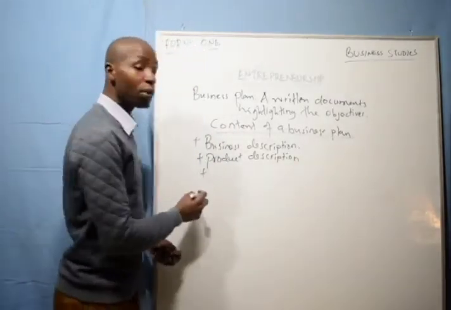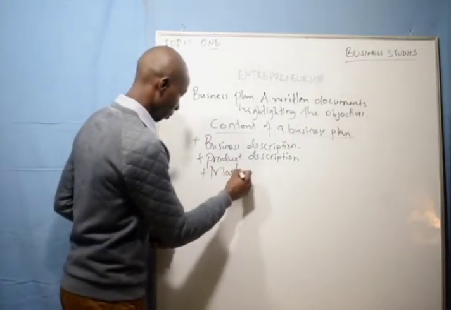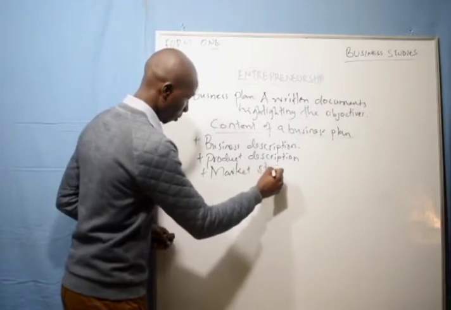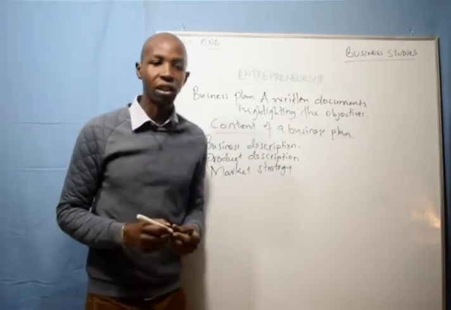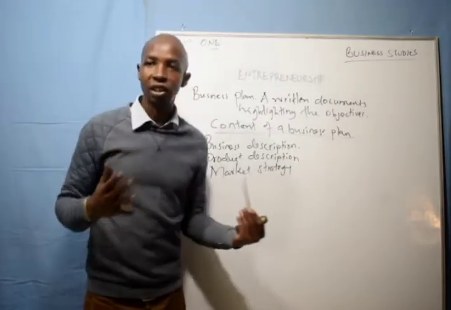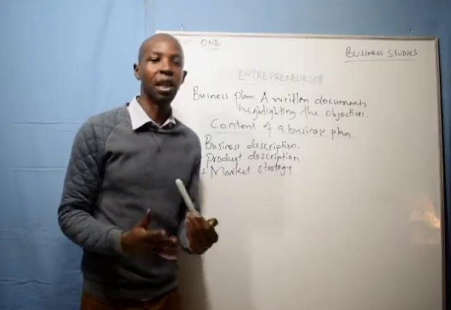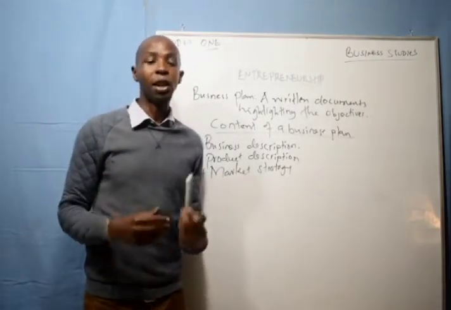Then we have the third one, which is a market strategy. Market strategy simply involves identifying the strategies or tactics that you are going to use in order to get a fair share of that market.